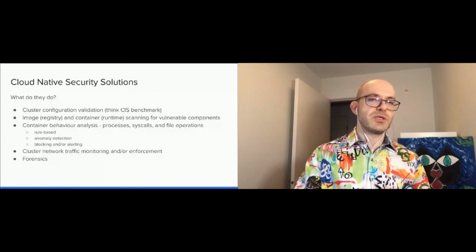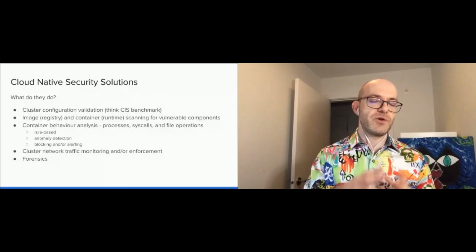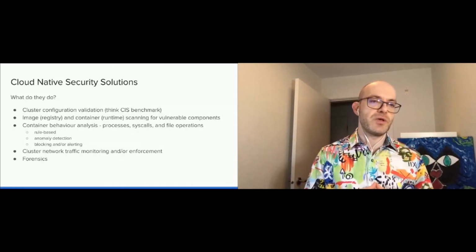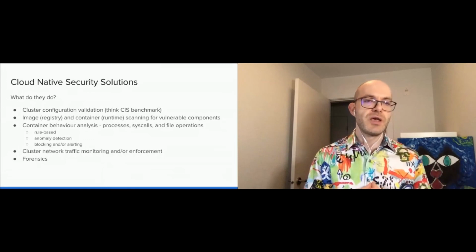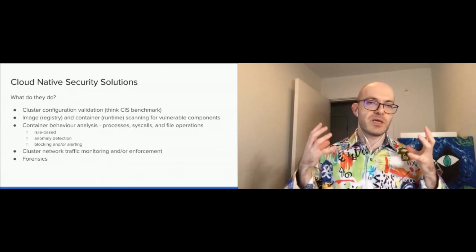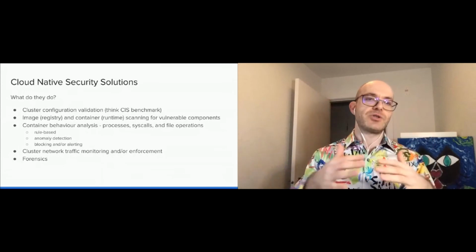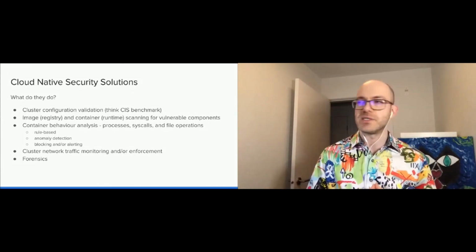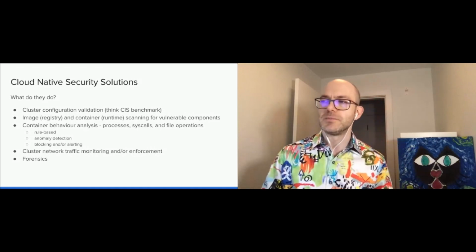Images is essentially done on a registry that you run. If you have your own private image registry, they can scan the whole registry and tell you issues with the images in that registry. And container side is they essentially look at everything that's actually running at this moment in your cluster and do the same kind of vulnerability scans for those containers.